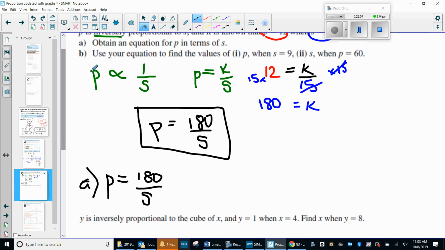Now, it then says B, use your equation to find the values of P when S is 9. So now, part B, part 1. Indigo, what shall I do now? They want us to find P when S is 9, so you do P equals 180 over 9.